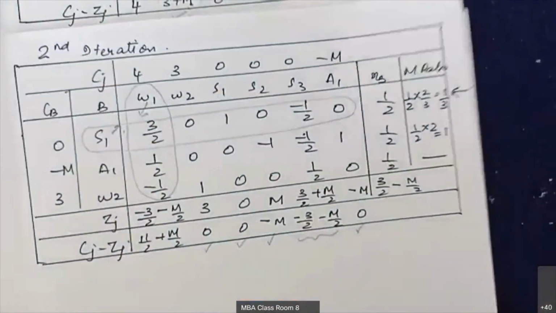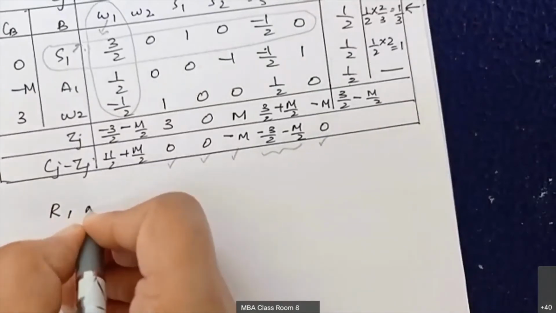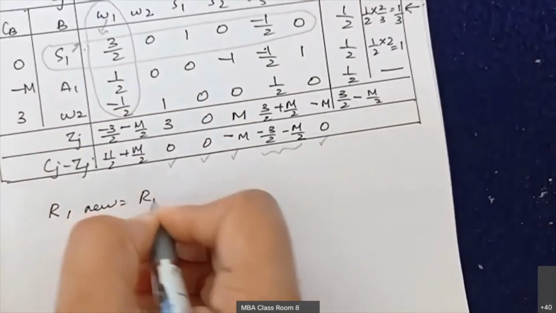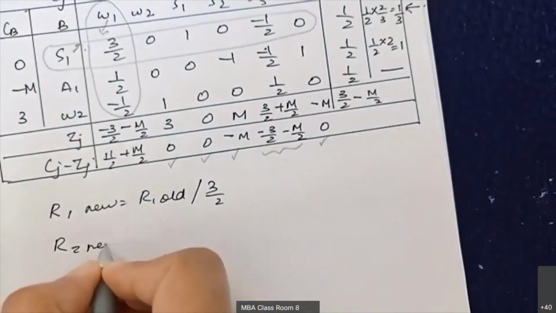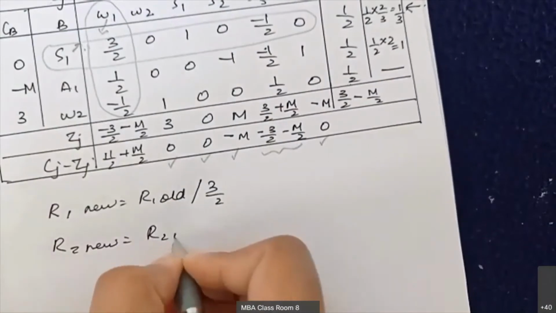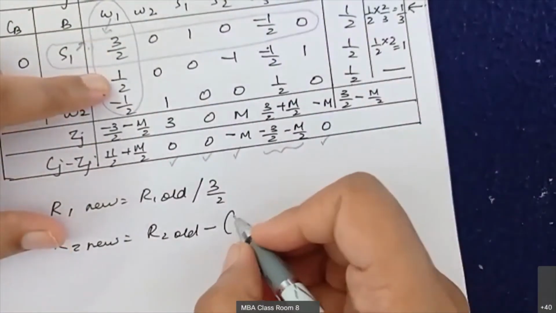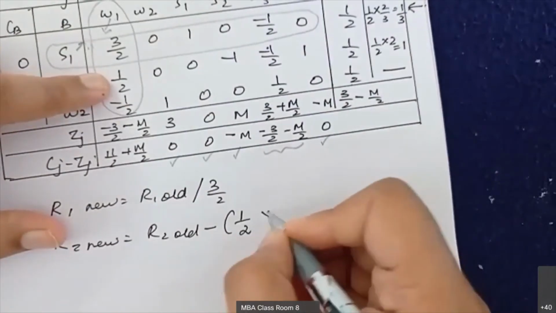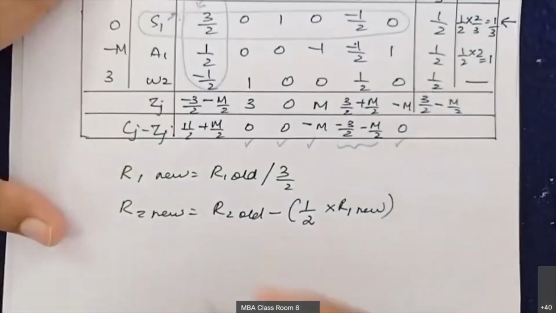So tell me the row operations for this. R1 new is going to be R1 old divided by the key element, 3 by 2. Similarly, R2 new is going to be R2 old minus the value corresponding to the key column, that is 1 by 2, into R1 new.